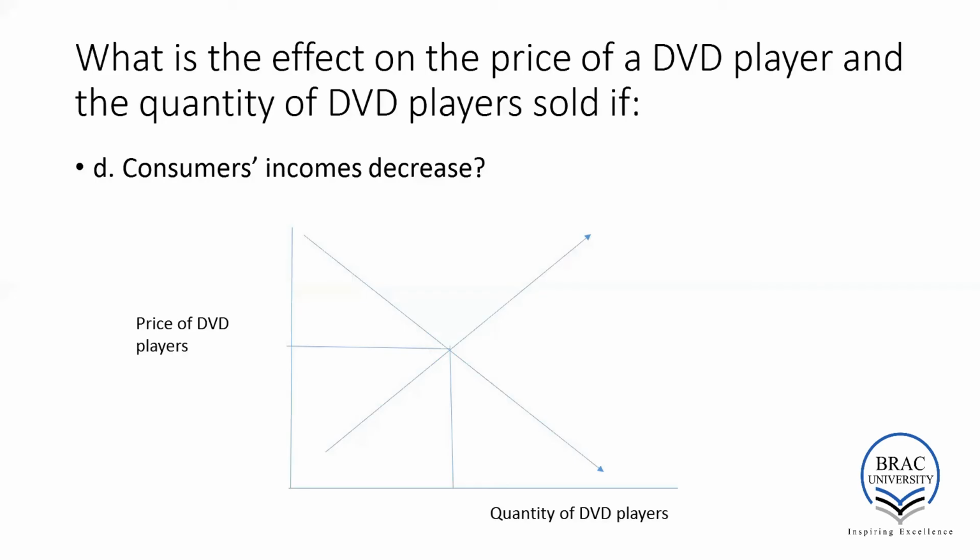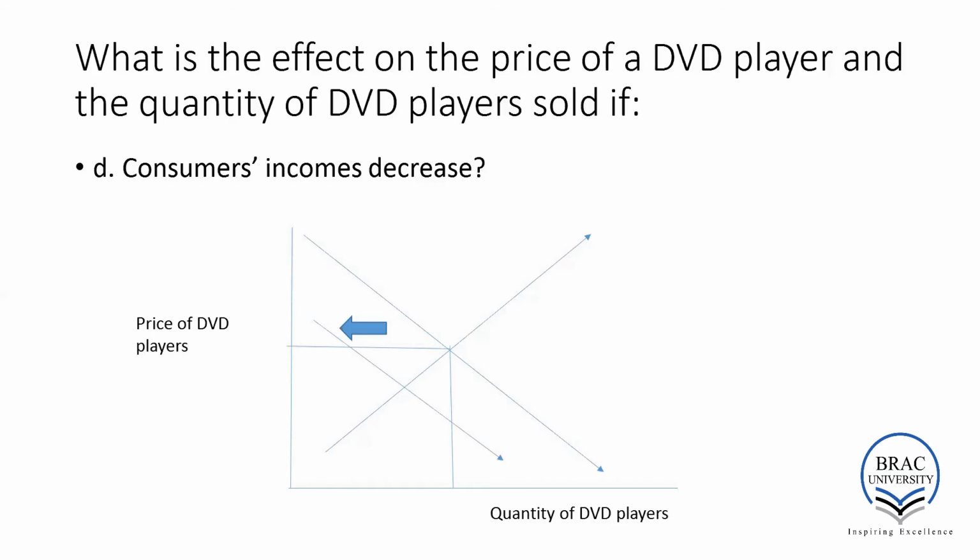If people started earning more, they would be more capable of buying DVD players. In this case, consumers' income has decreased, so their buying capability has decreased. So now they will demand less of DVD players. The demand curve will shift to the left to show the decrease in demand for DVD players.